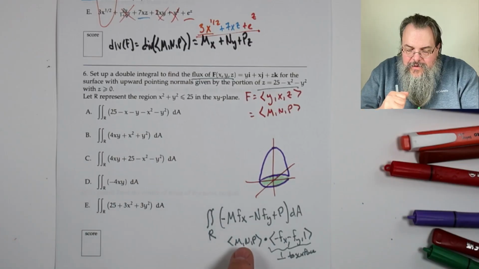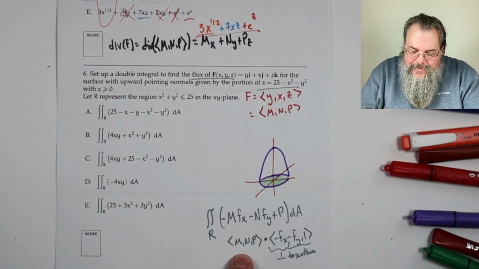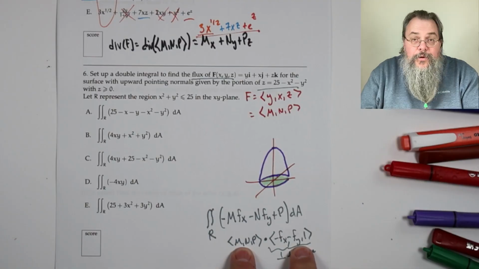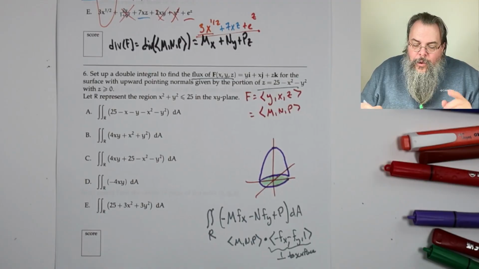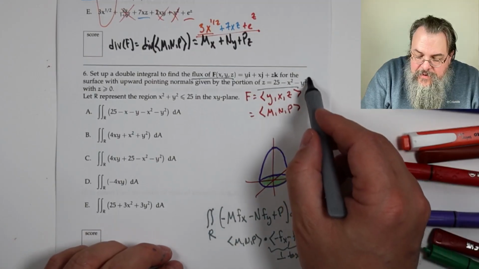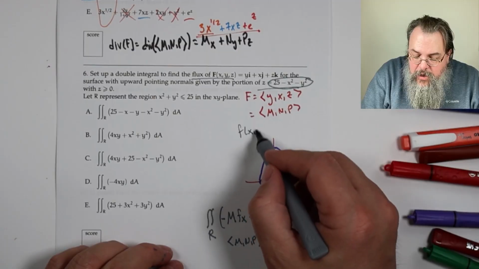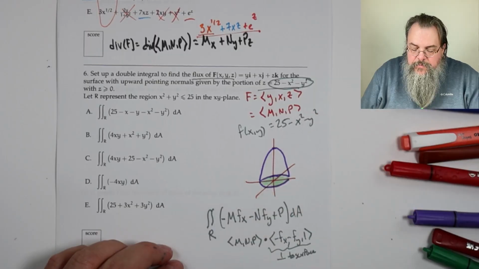So the flux of your flow, the flow of your vector field. So this is your vector field dot your normal. Now, what is everything? Well, let's go through and write it down. Now, f is our surface. So here, f of x, y, that's 25 minus x squared minus y squared.